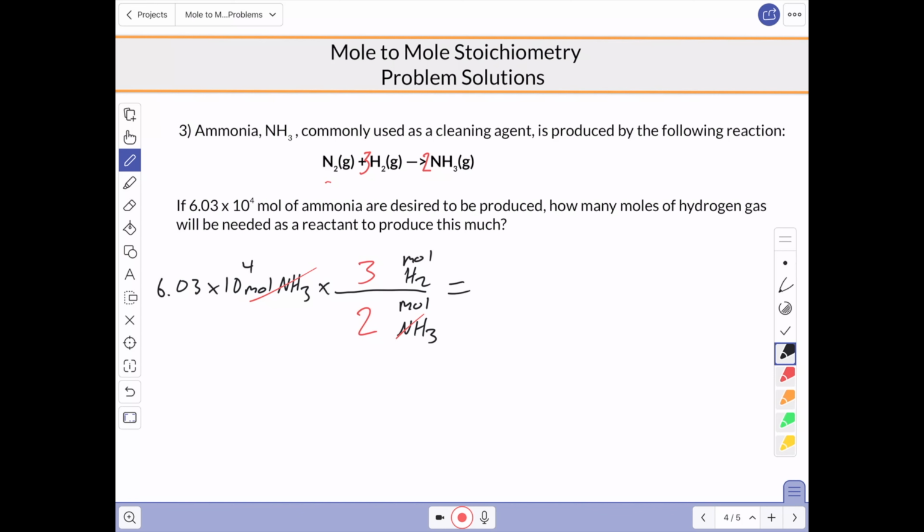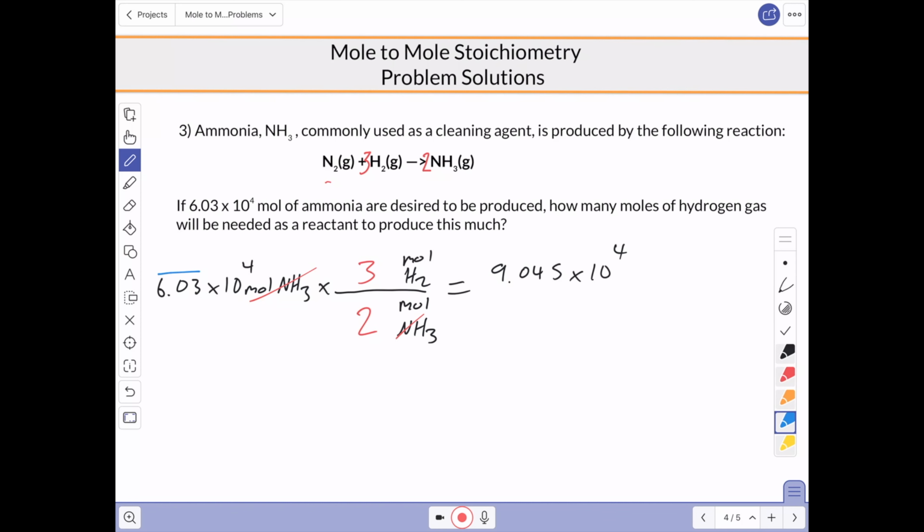So here we have to actually first multiply 6.03 by 3, and then divide it by 2, and that's going to give us our answer times 10 to the 4th. And we, of course, need to make sure we do this to the right number of significant digits.